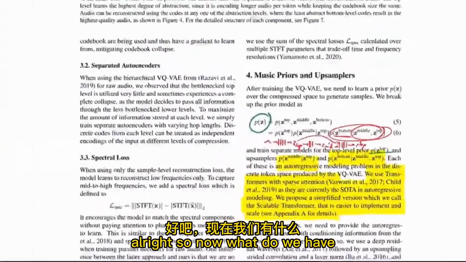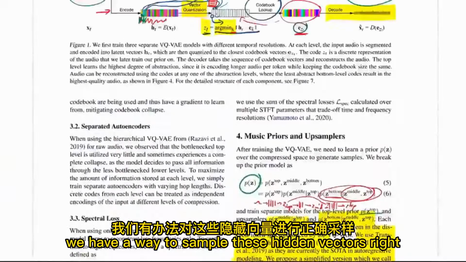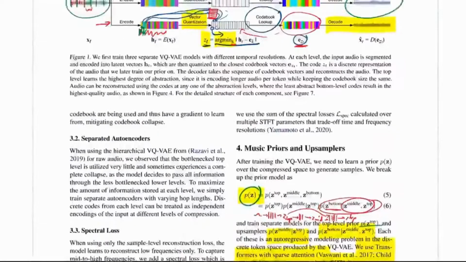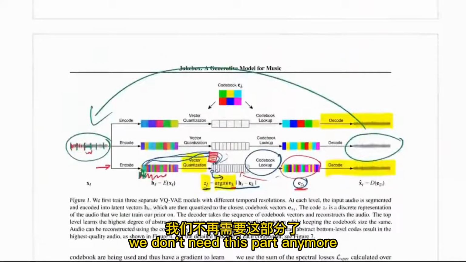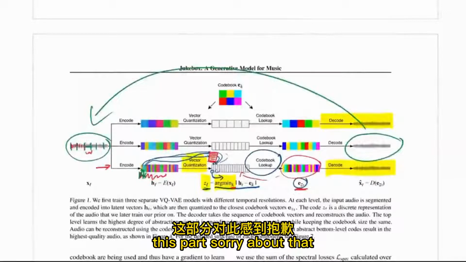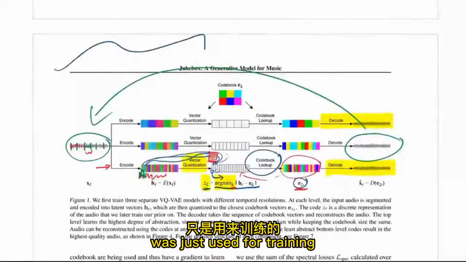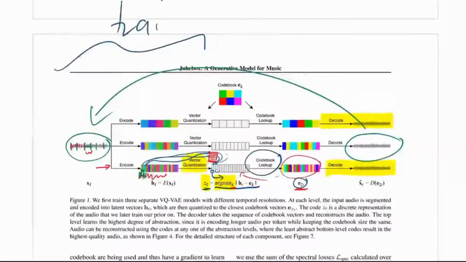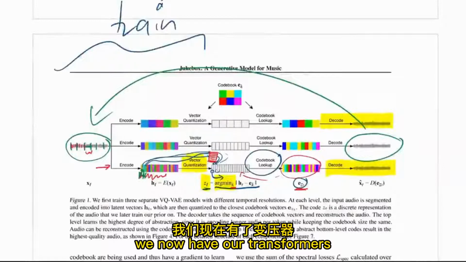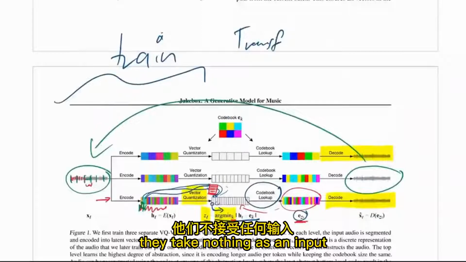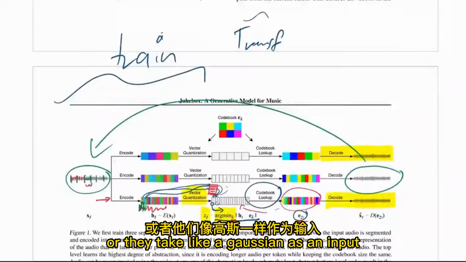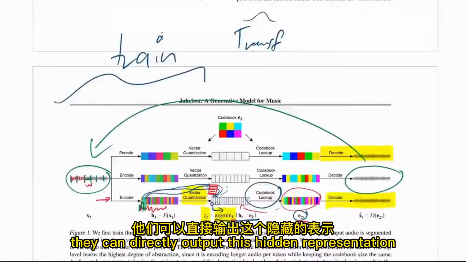All right, so now what do we have? We have a way to sample these hidden vectors, right? So we don't need this part anymore. This part here was just used for training. We now have our transformers. They take nothing as an input, or they take like a Gaussian as an input, and they can directly output this hidden representation.